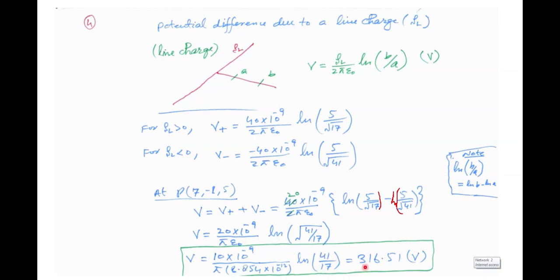Using a calculator, we obtain this value, that is V equal to 316.51 volt, which exactly matches the answer given in the book.